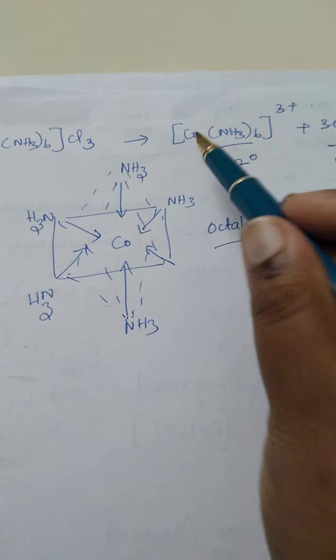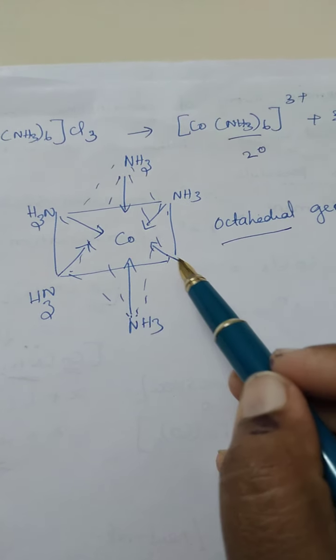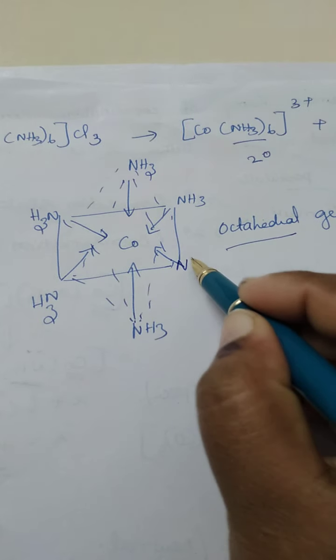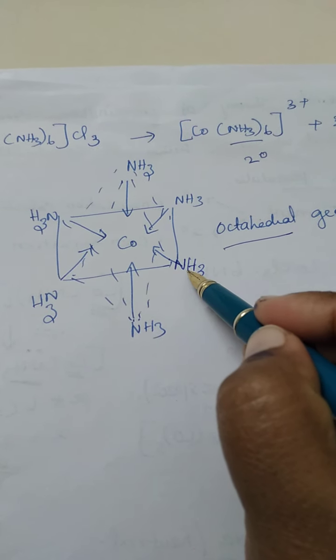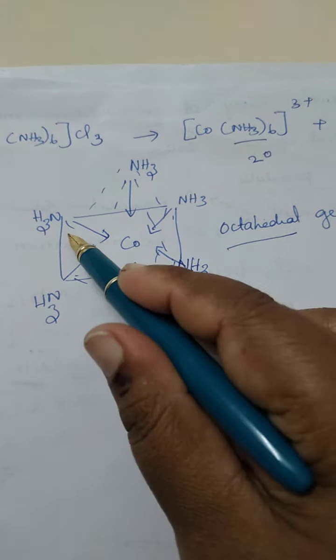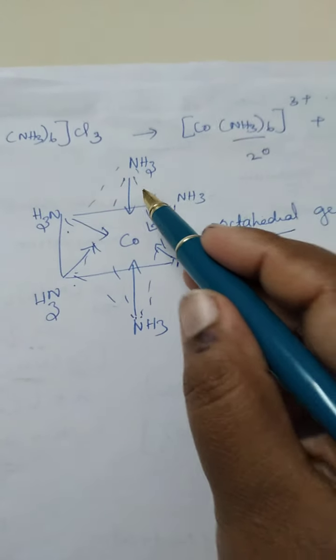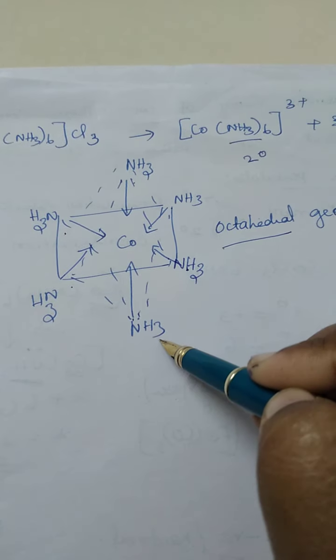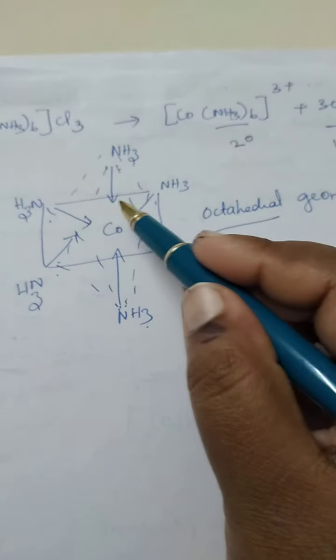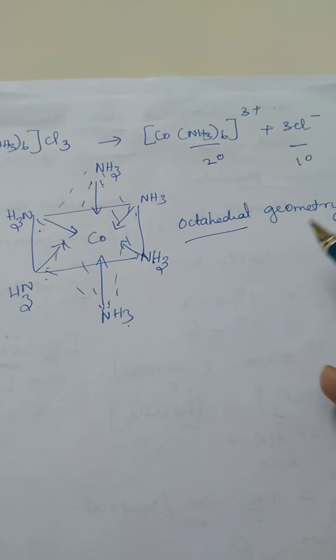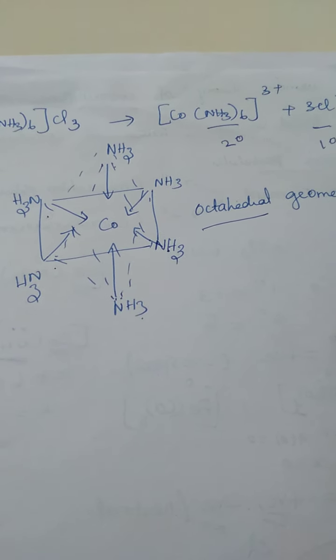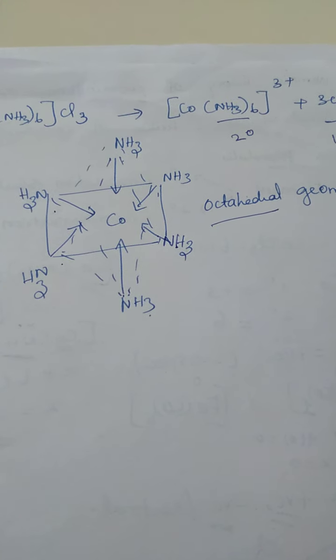Octahedral means cobalt will be present at the center and all 6 ligands, that is NH3 neutral ligands, at the 4 corners, as well as one at the top and one at the bottom. So this is the geometry. So secondary valencies are directional in nature, but the primary valencies are non-directional in nature.